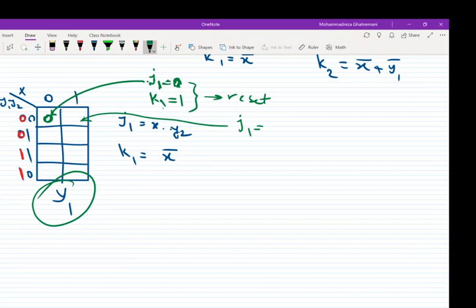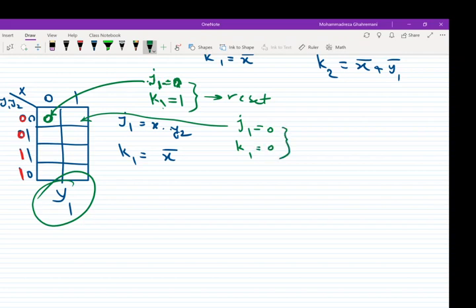So j1 is equal to xy2. Xy2 is of course equal to 0. K1 is equal to x bar, which here will be equal to 0 because x is 1.